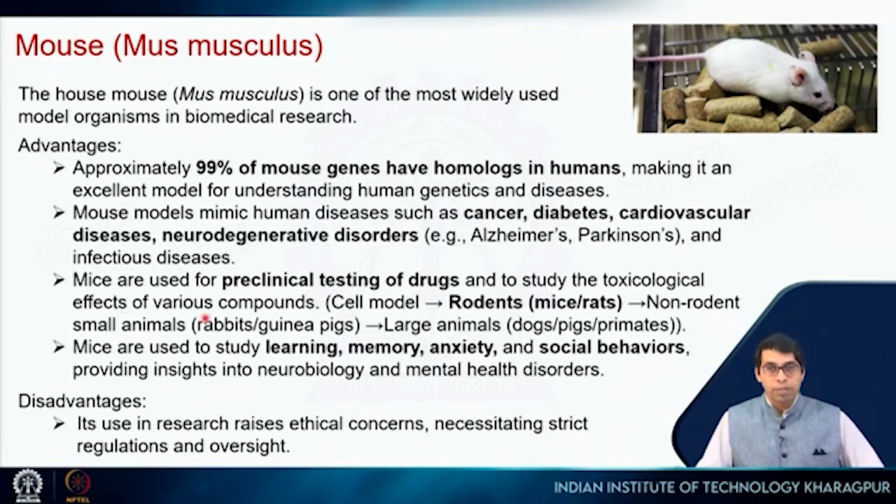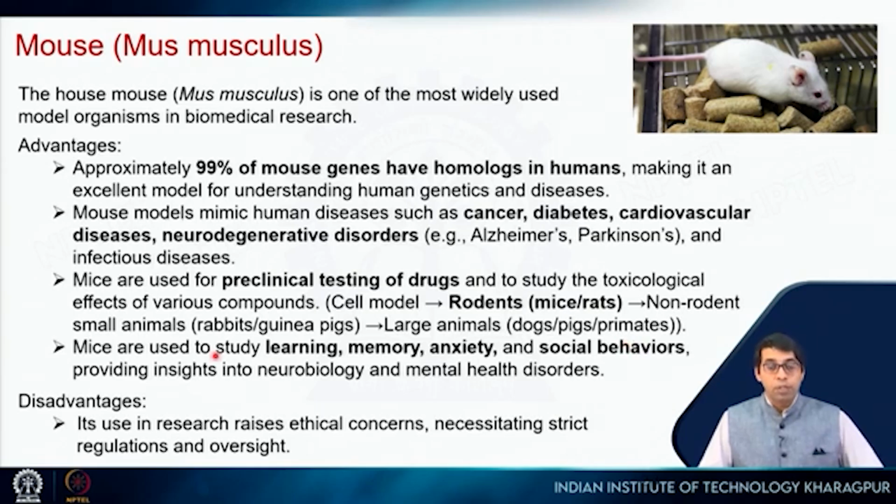So, once you have screened a set of molecules using a cellular system, and if you have come out with, let us say, 4 or 5 target molecules, then those will be tested in mice to see the effect at an organism level. And once that is successful, then typically we will go for higher animals such as rabbits or guinea pigs, and then dogs, pigs or primates.